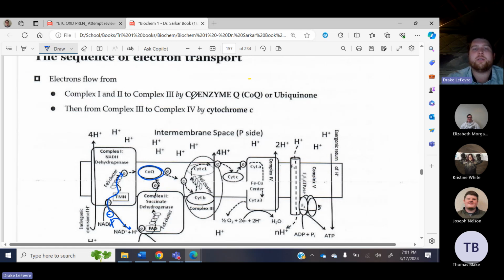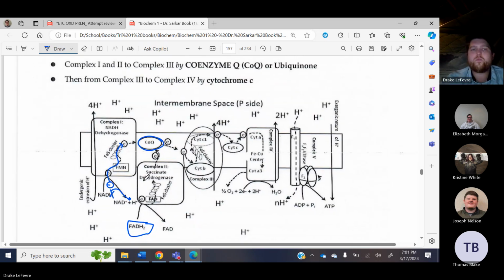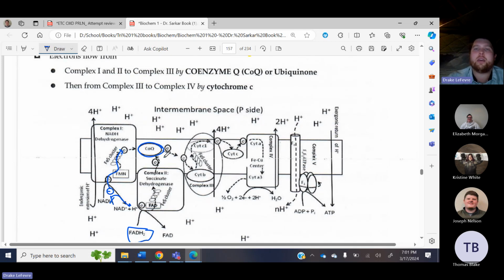So this is how you'll see it: coenzyme Q, CoQ, or ubiquinone. Okay. So the main function of complex 1 and complex 2 is to rip off the electrons and transport them to CoQ, aka ubiquinone.